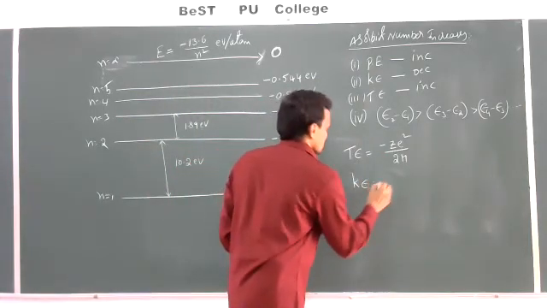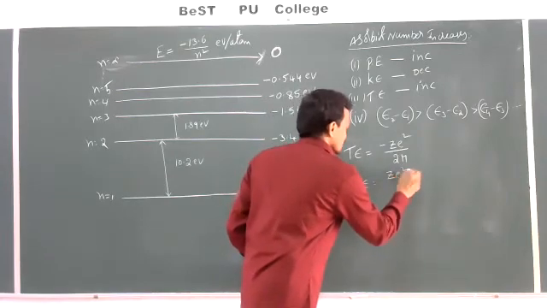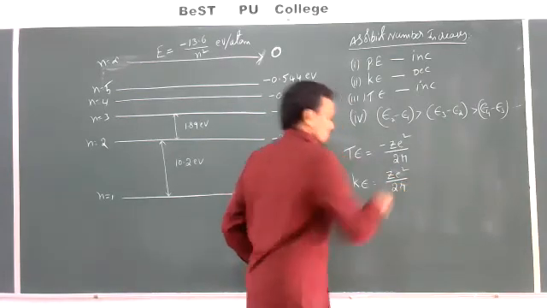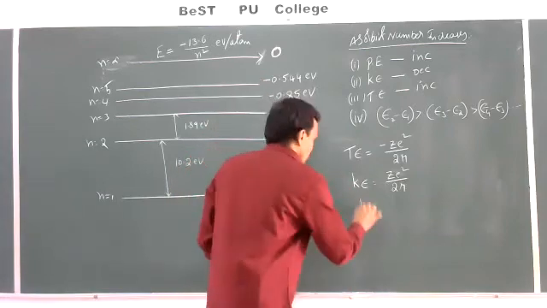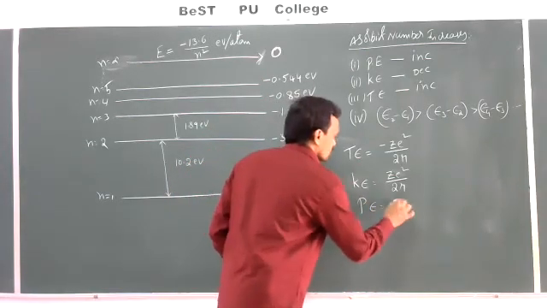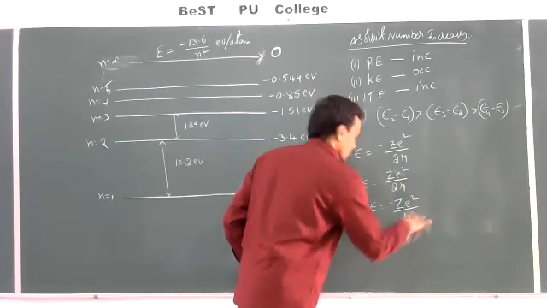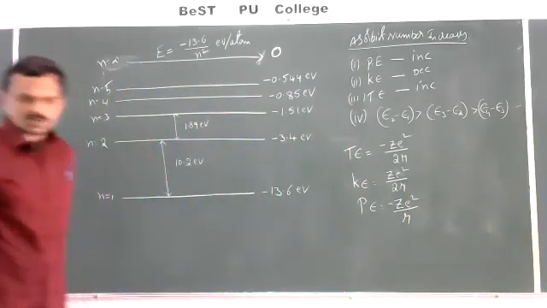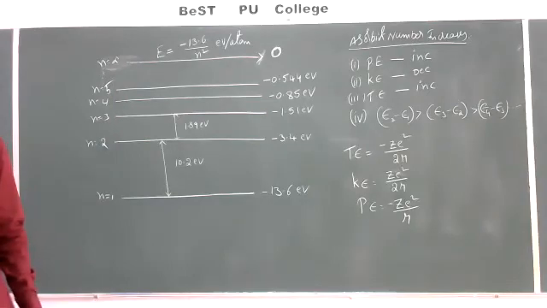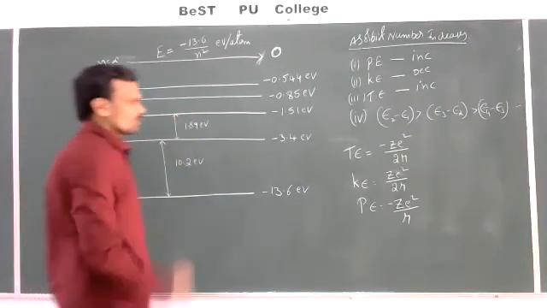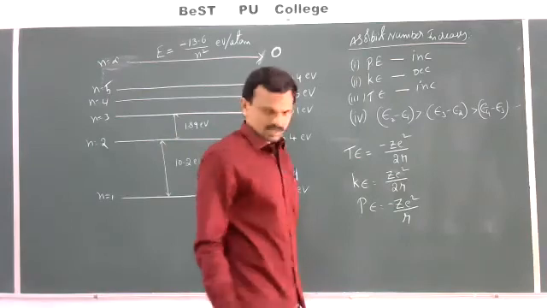Kinetic energy is equal to ZE square by 2R. Potential energy is equal to minus ZE square by R. These are the expressions we discussed in the previous class.